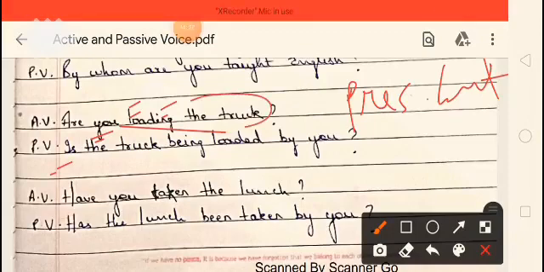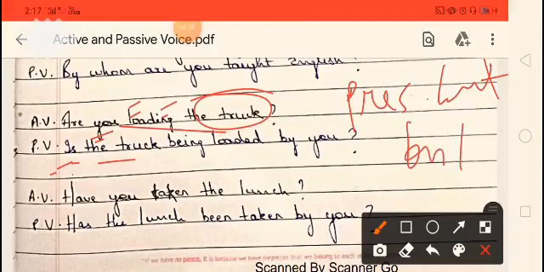Now here the truck is the object. The truck is singular, so we'll use the helping verb is. So, is the truck. Then I have told you to use the word being in case of continuous tense. So being, then the third form of the verb, load's third form loaded, then by, then your subject, that is you. So the answer will be: is the truck being loaded by you.